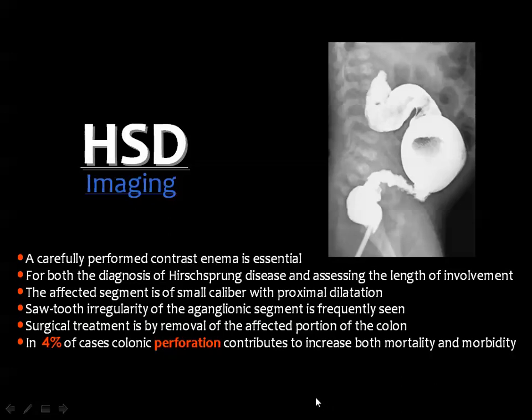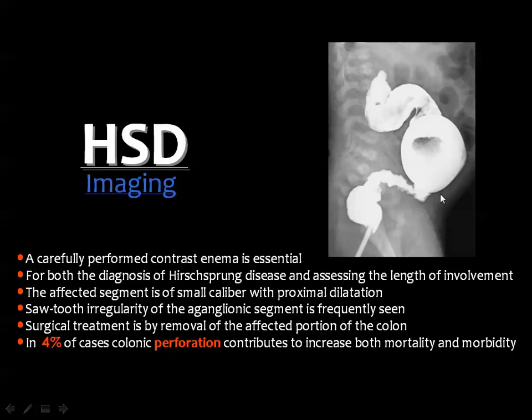Whenever we are performing barium enema for suspected Hirschsprung disease, we do not usually proceed to have a full barium study, but we inject barium cautiously through the rectum until we can see the aganglionic segment, and we are able to measure its length. Then we opacify just the normal segment or the distended segment proximal to the aganglionic segment.